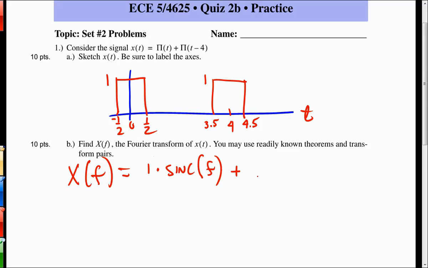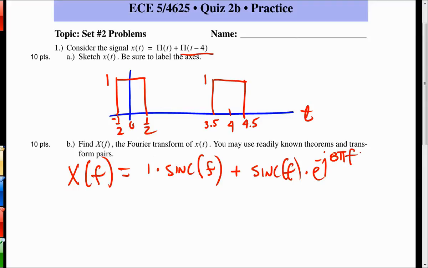The delay theorem says you transform the unshifted signal, which is pi t again, and then the delay theorem brings in what factor? E to the minus j 8 pi f. It's 2 pi times the time shift, which is 4, so it's 8 pi f.